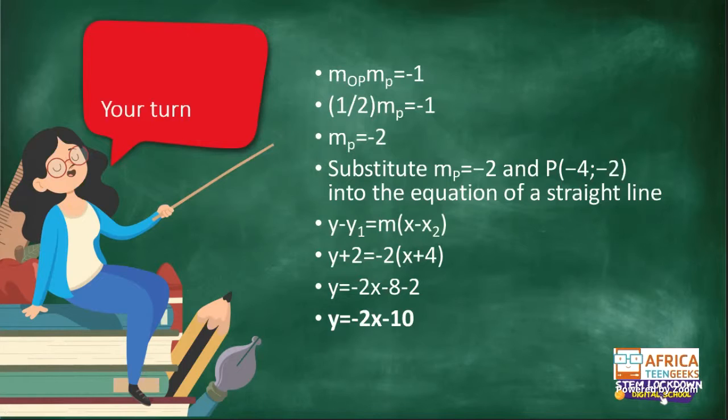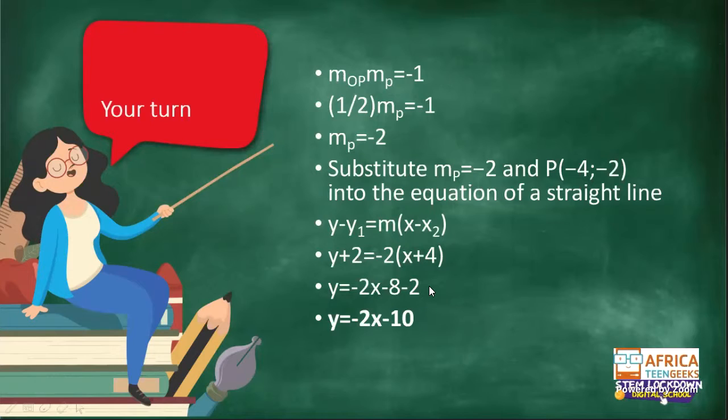And once you know the gradient, remember you can write now the equation of that tangent line as y minus y1 equal to m bracket x minus x1. So I think in the first lesson, someone asked if you can use it. I say, yes, you can use it. Or you can also use a standard equation, which is y equal to mx plus c. It's the same thing.